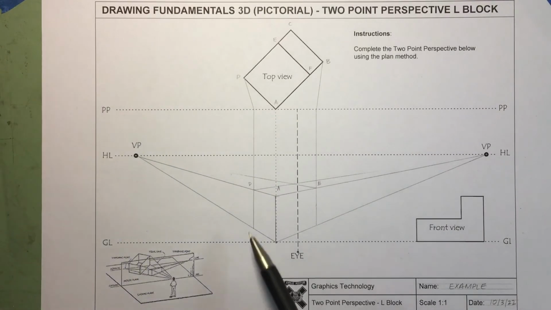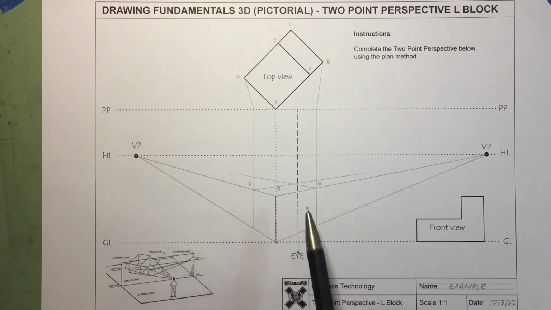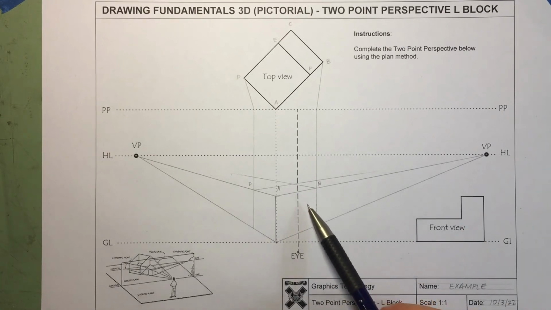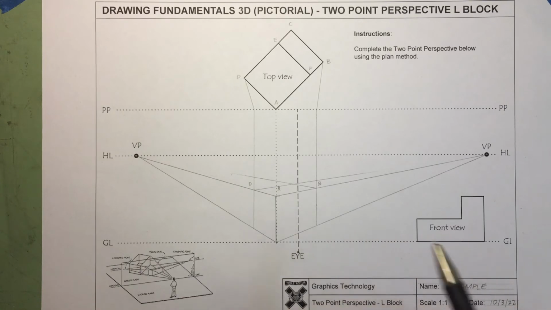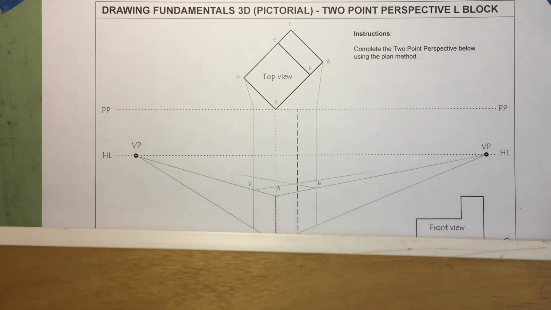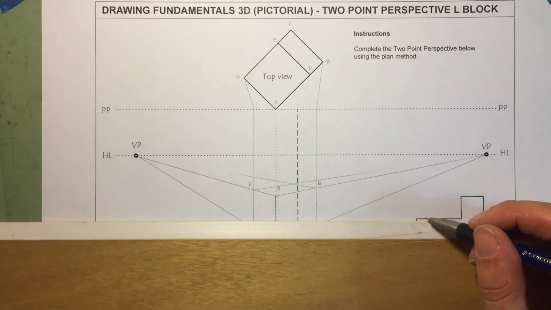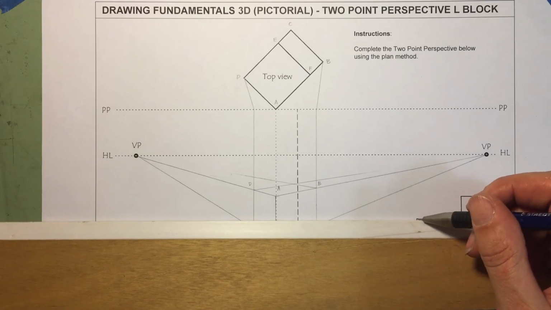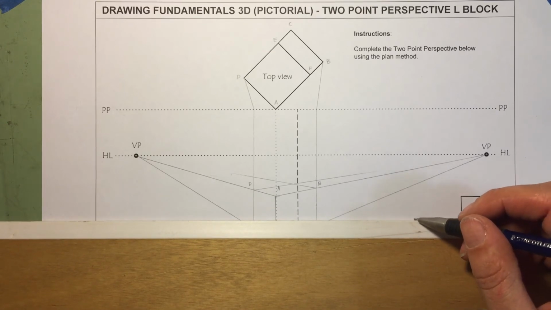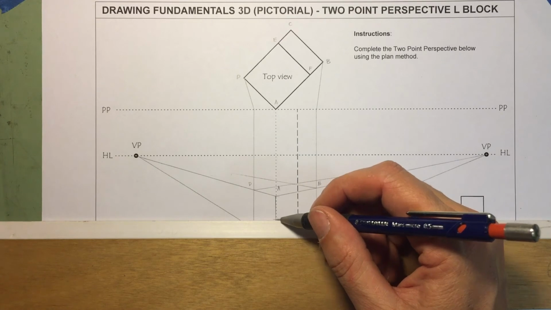Okay, so now we have boxed in our shape, but this is an L shape. It's not a full cube or rectangular prism or whatever you want to call it. It is an L. So we're going to have an L here somewhere. Now here, because we've got this height here on the side, we can take this point across and mark it.